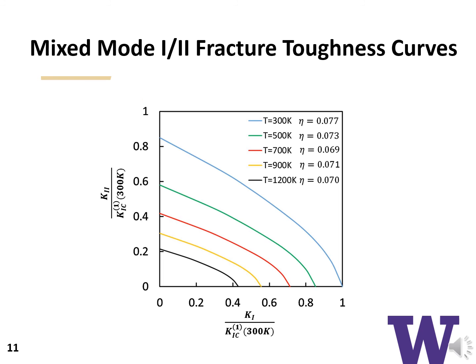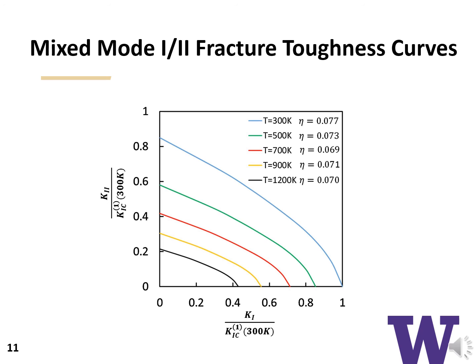And finally, we look at the fracture curves generated by this combined atomistic and continuum model. The temperature also affects the interfacial fracture toughness in the full range of mixed mode conditions from pure Mode 1 to pure Mode 2. As the temperature increases, the interfacial fracture toughness decreases due to low energy required for breaking the interface bonds.